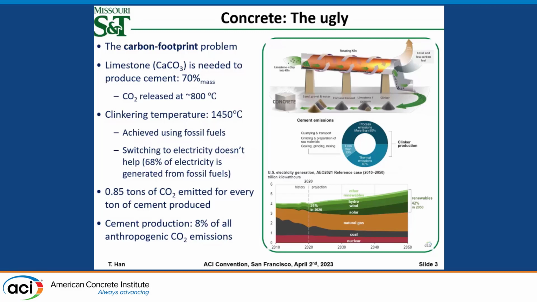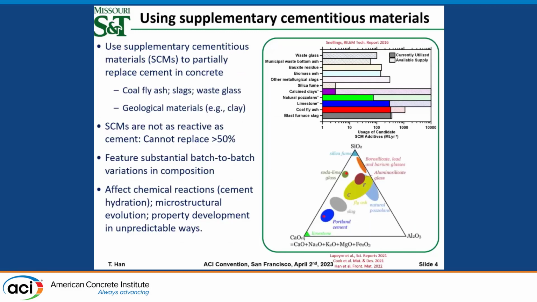So I think the most practical way is to use supplementary cementitious materials to partially replace cement, which can significantly reduce cement use. The replacement level can reach 50%. That means you don't need to use half of the cement in your construction, so that can help to reduce carbon dioxide emission.